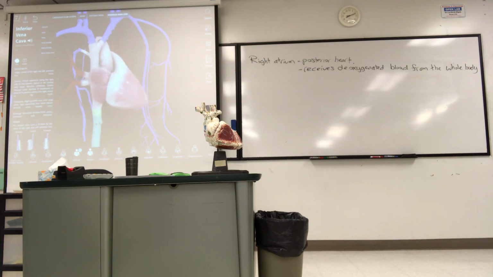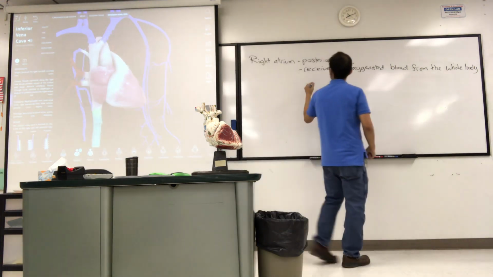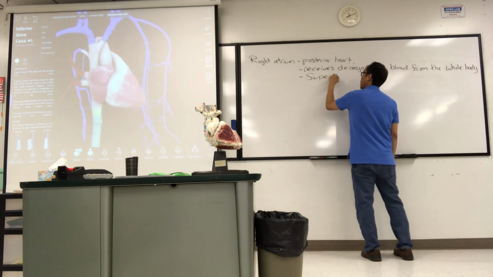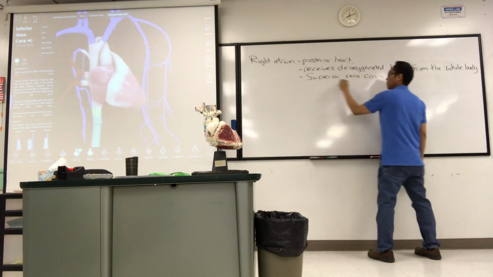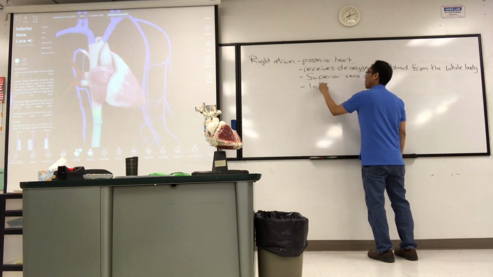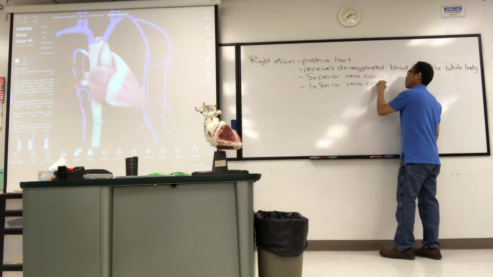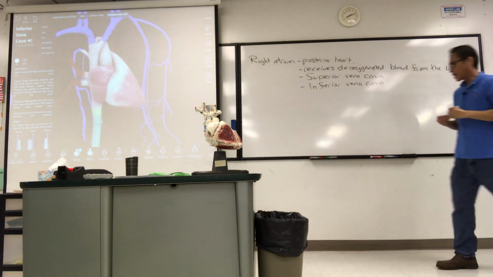Those are the two main veins that are draining all the deoxygenated blood from the whole body. You should note those. Superior vena cava. Inferior vena cava. They're draining into it. It's quite clear from any picture you look at.